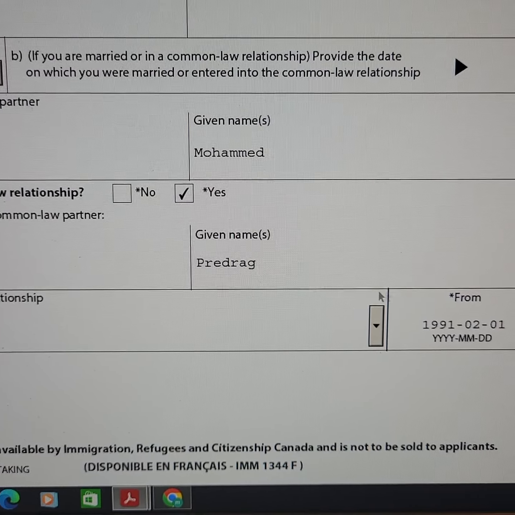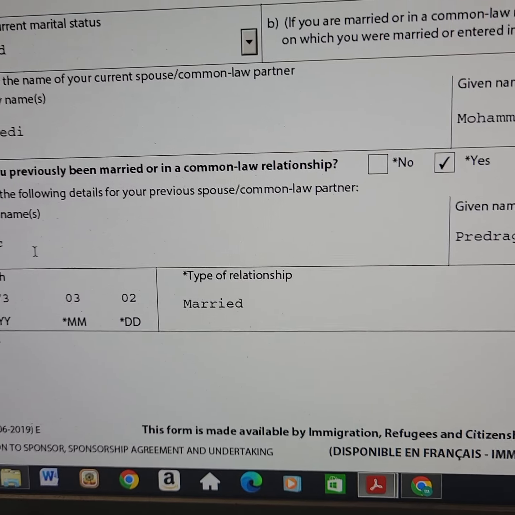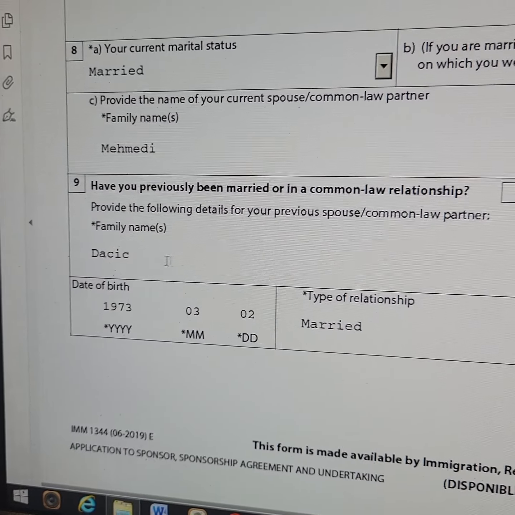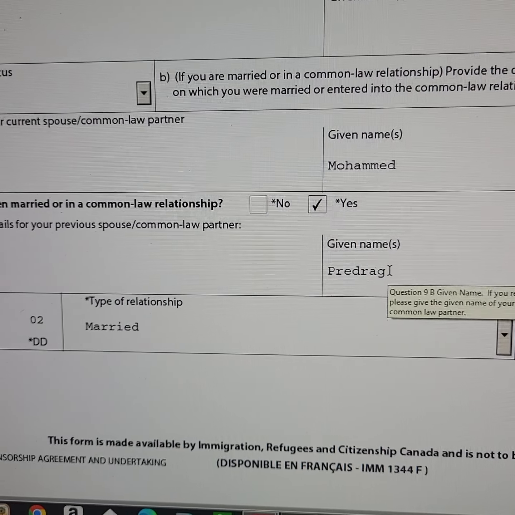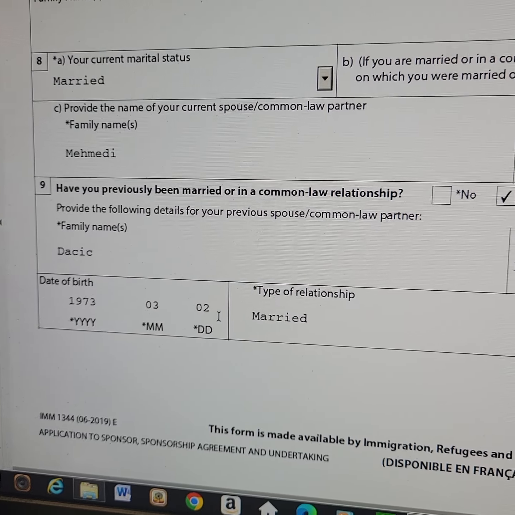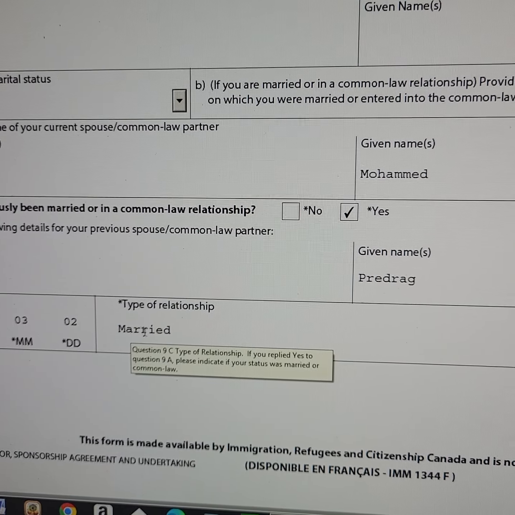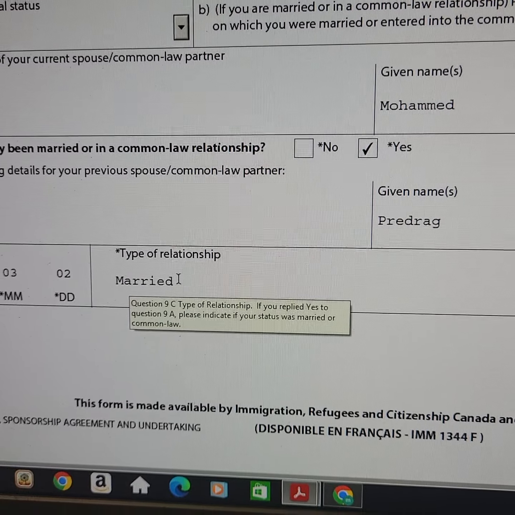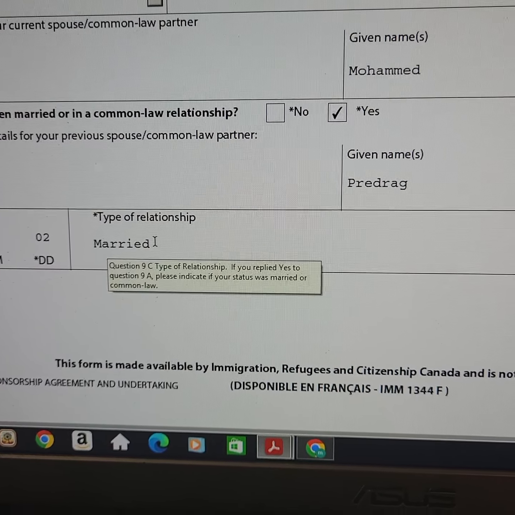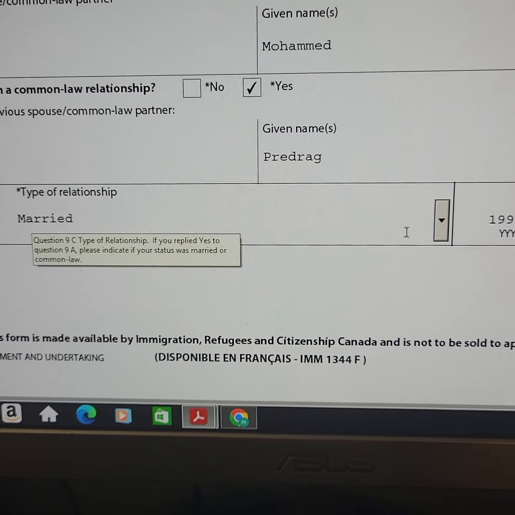Everything will become gray. But if you put yes, you have to put your ex-husband's information: name, given name, last name, date of birth of your ex-husband or wife, type of relation. Were you married to this person or you were in a common law relationship? Whatever the case is, that is what you will be putting here.